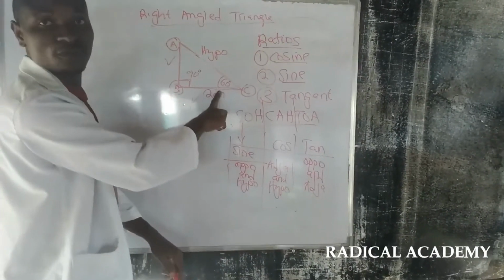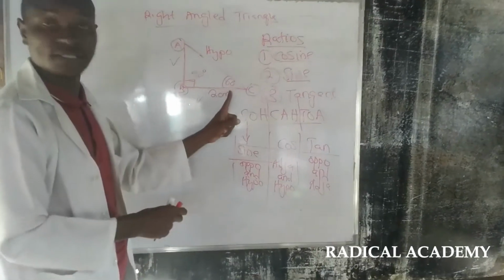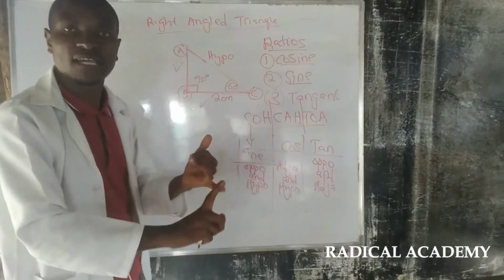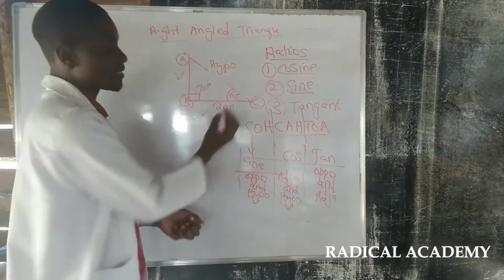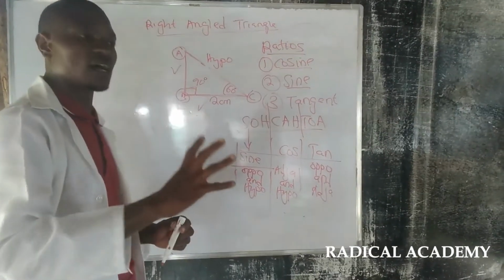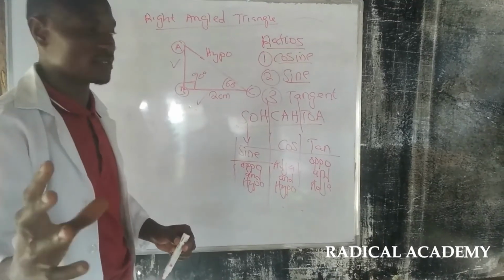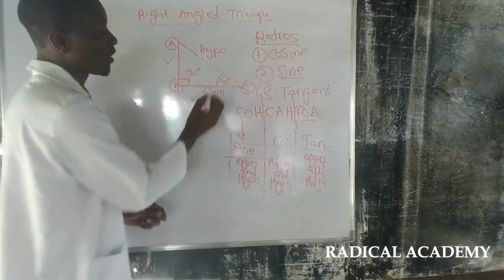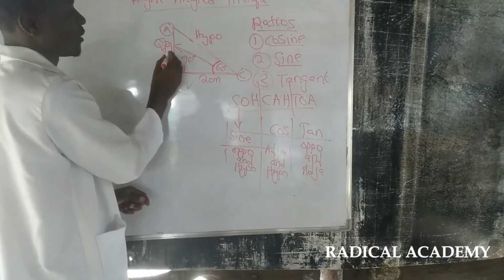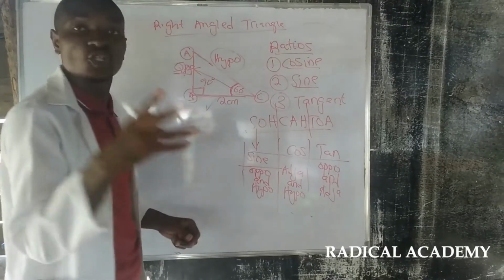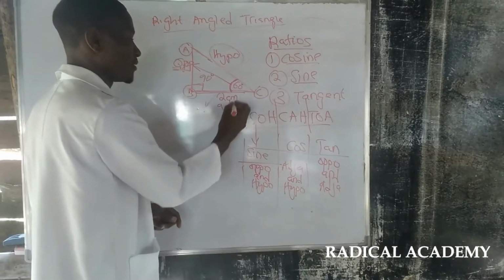You can see from the diagram we have got 60. This 60 can be sine, can be tan, it can be cos. But this same 60 has a corresponding side. It can be this side corresponding to that side, and the remaining side is automatically the adjacent.